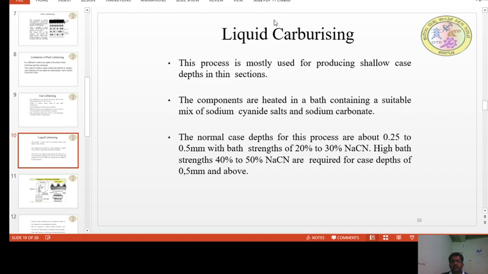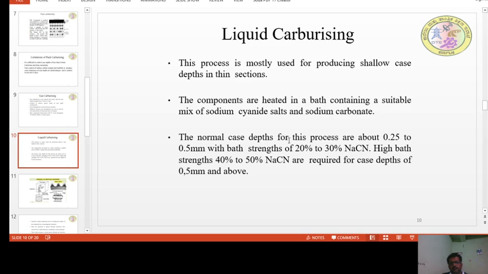The other one is liquid carburizing. This process is mostly used for producing shallow case depths in thin sections. The components are heated in a bath containing a suitable mix of sodium cyanide salts and sodium carbonate.